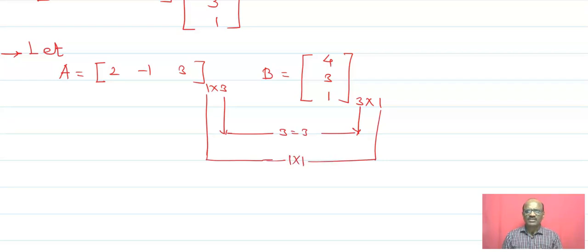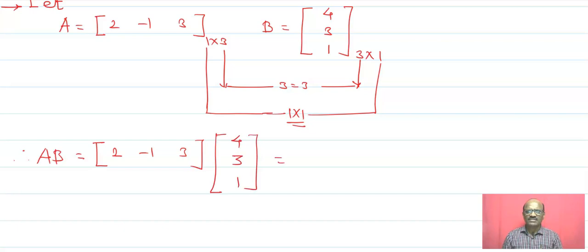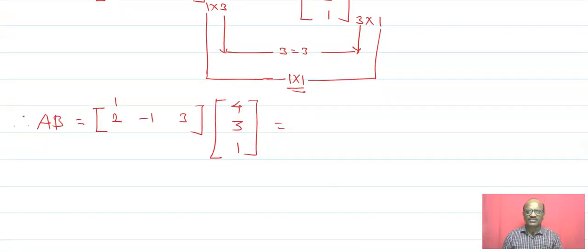And the order of the resultant matrix is 1 by 1. Therefore, AB is equal to 2, minus 1, 3 times 4, 3, 1. Therefore, the product is first row, first column, which will be a single element, and the order is 1 by 1.